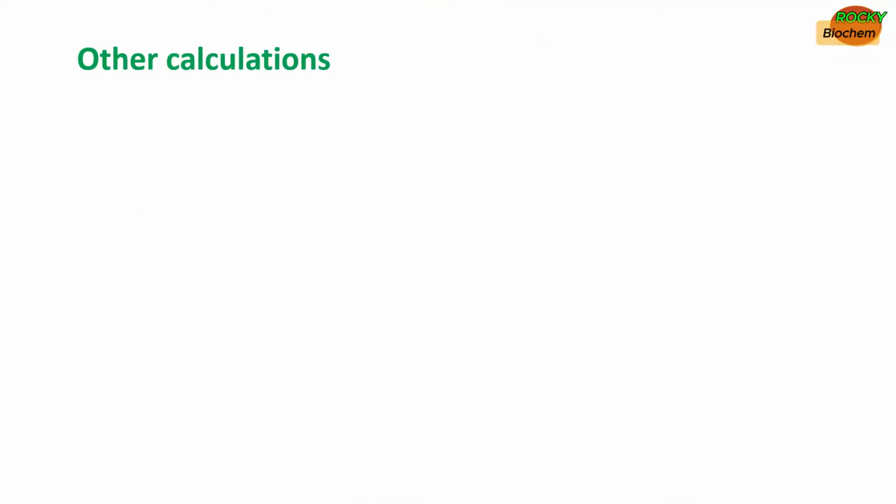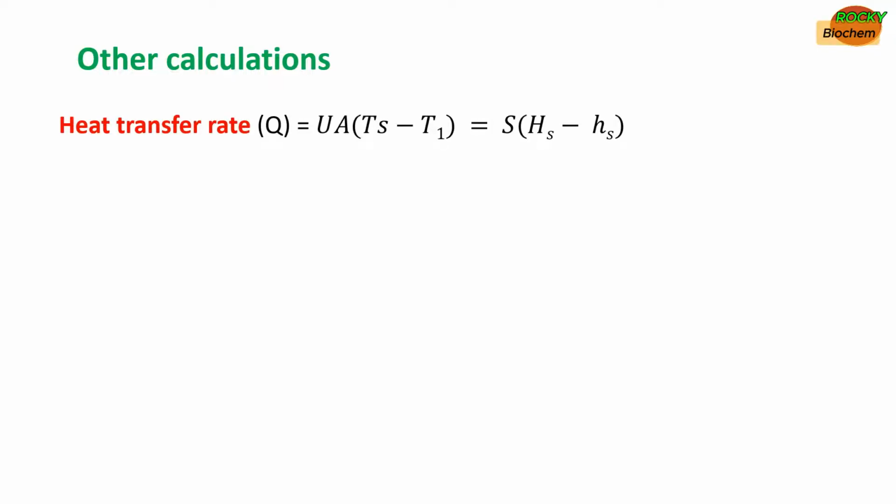For the other calculations, we will be asked to calculate the heat transfer rate, or the heat transfer area. And this is the formula that we use. You can just fix in the values into this formula and then you are good to go. You might also be asked to calculate your steam economy. Your steam economy is obtained by dividing the flow rate of the vapor by the flow rate of the incoming steam.